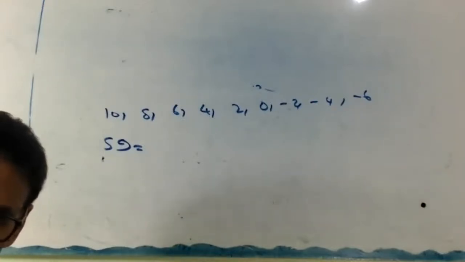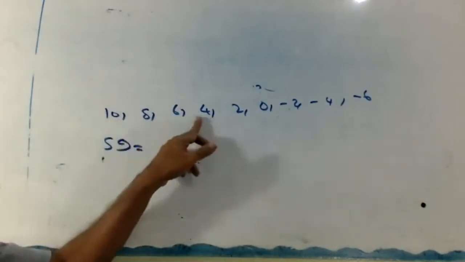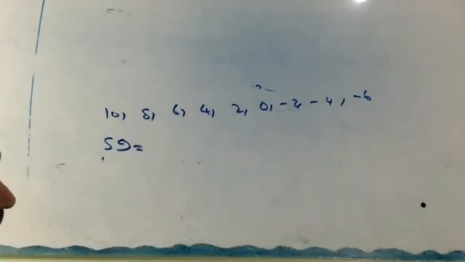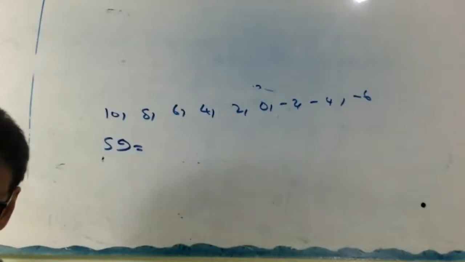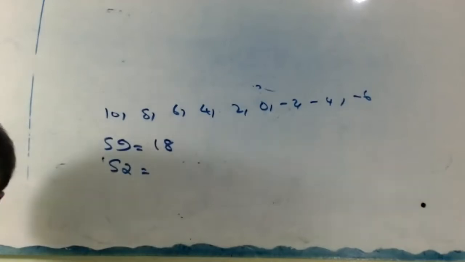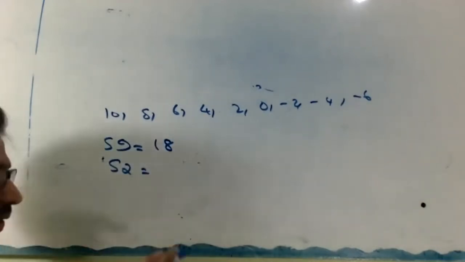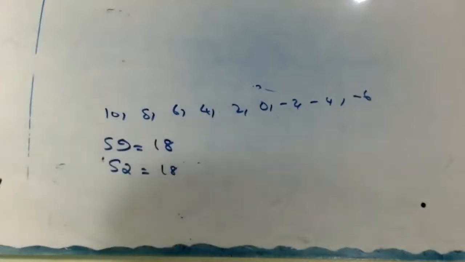This is a dummy question, listen here. 10 plus 8 plus 6 plus 4 plus 2 plus 0 plus minus 2 plus minus 4 plus minus 6. How much? 18. Okay. What about S2? S2 is what? 18. Correct or no? 10 plus 8. Then what is the reason?